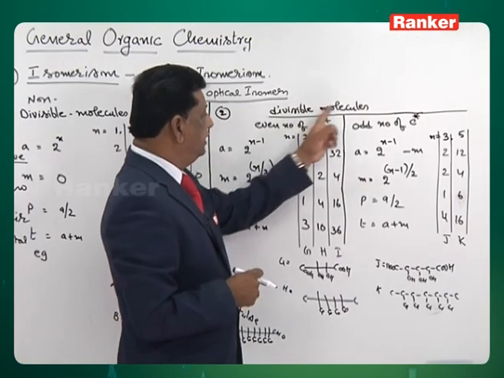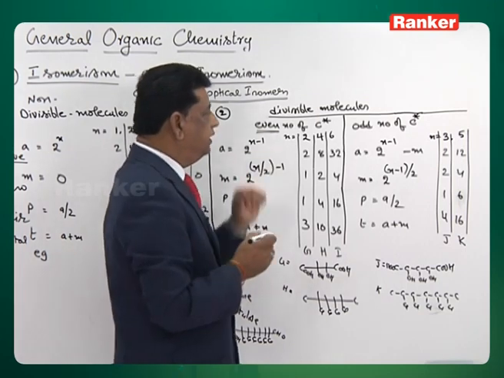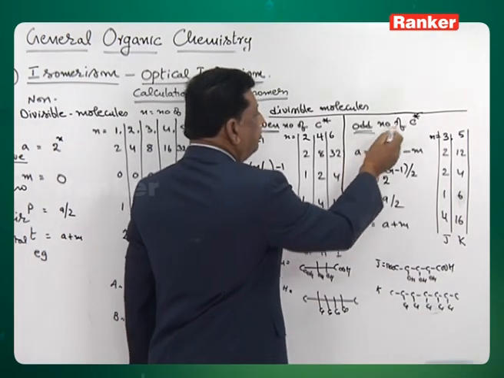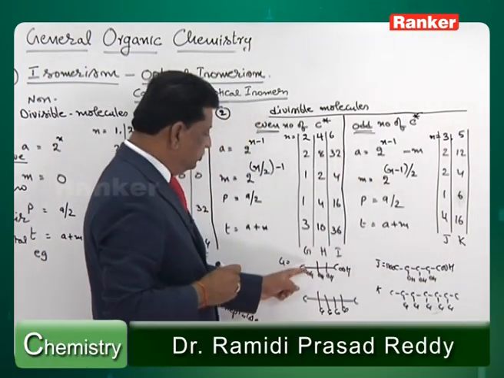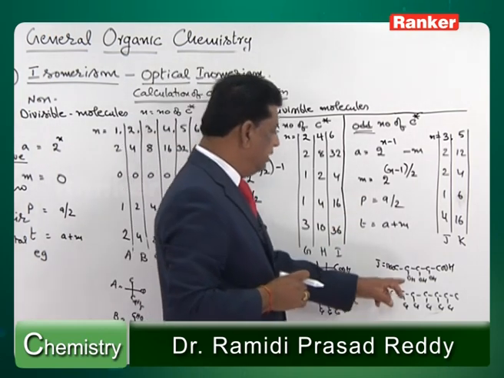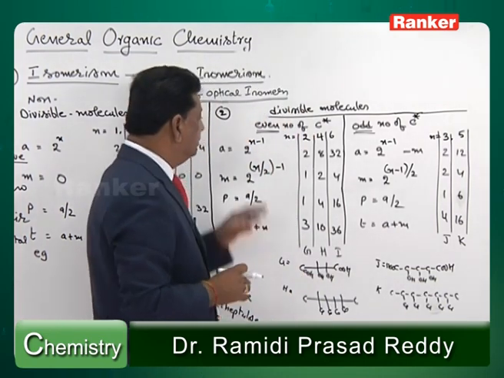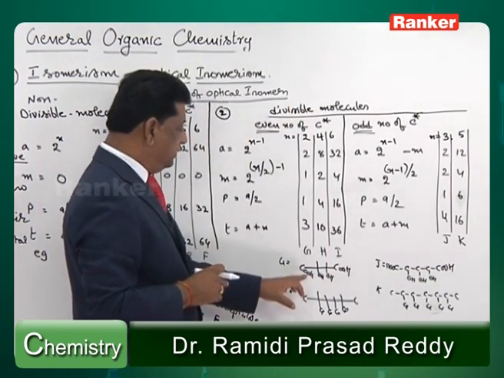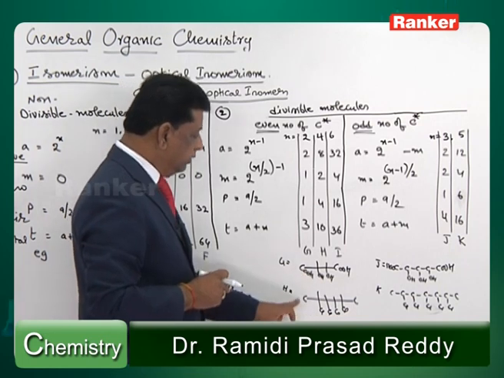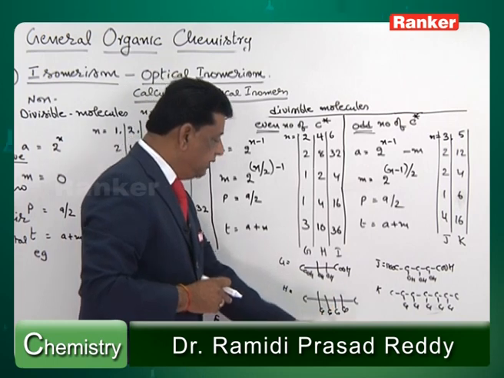So, under the divisible molecules, we have another factor: even number of chiral carbons and odd number of chiral carbons. The 2, 4, 6, 8 come under this category, and odd numbers like 3 and 5 are another type. In the first section, even number of carbons, tartaric acid and glutaric acid type and so on, we have divisibility here.